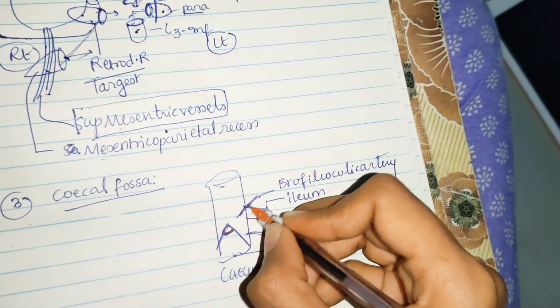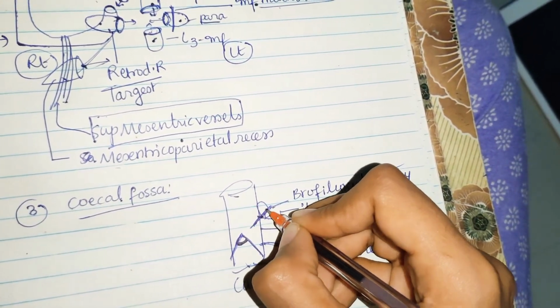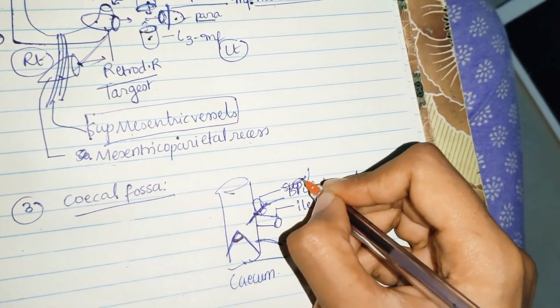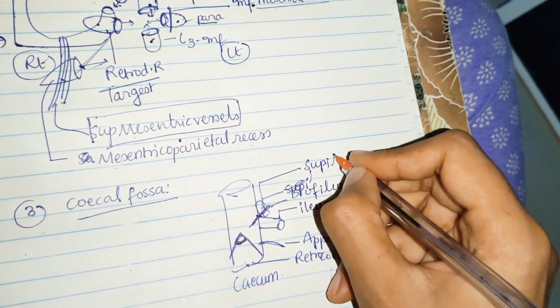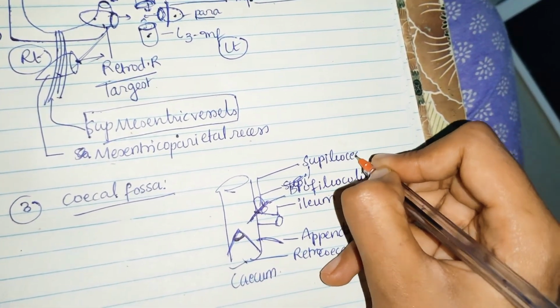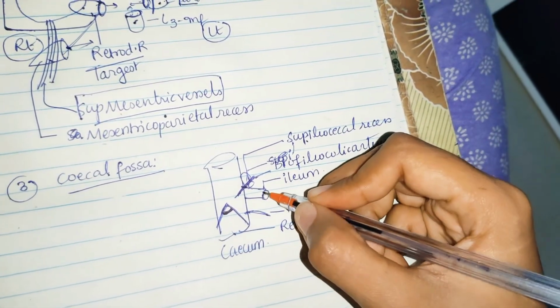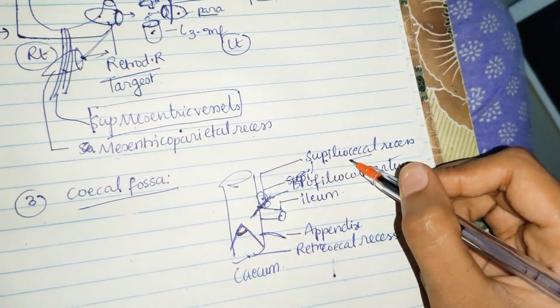Near it you have one recess, the superior ileocecal recess. Why the name? Ileo means superior to the ileum, cecal means near the cecum, so superior ileocecal recess.